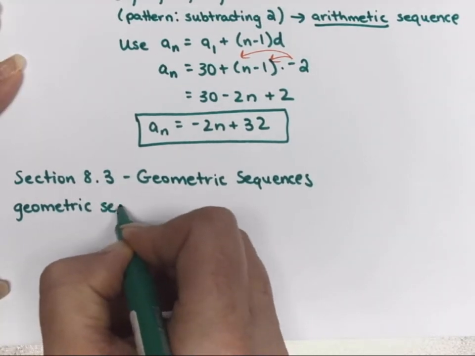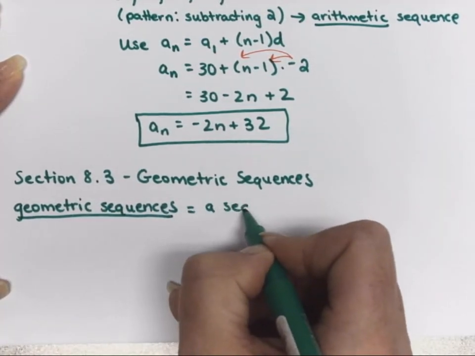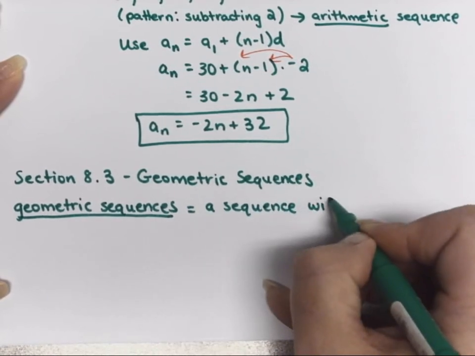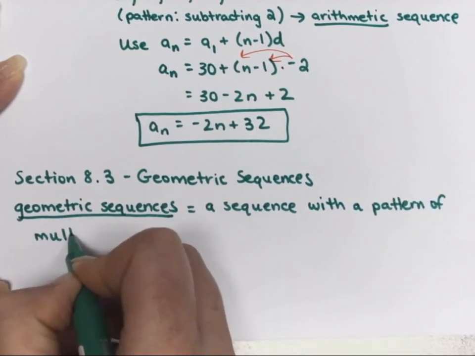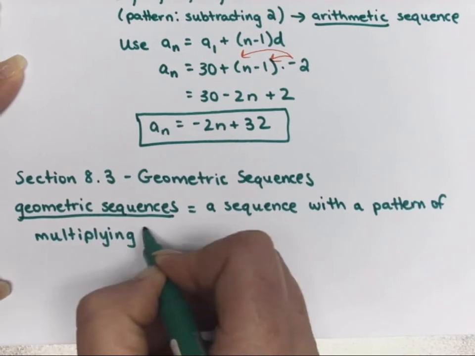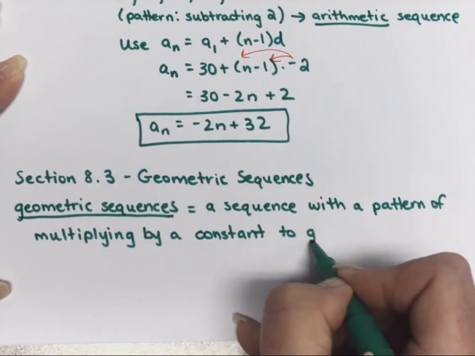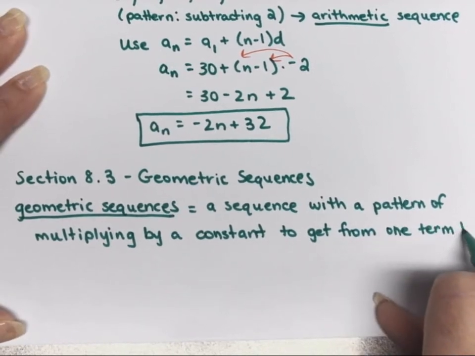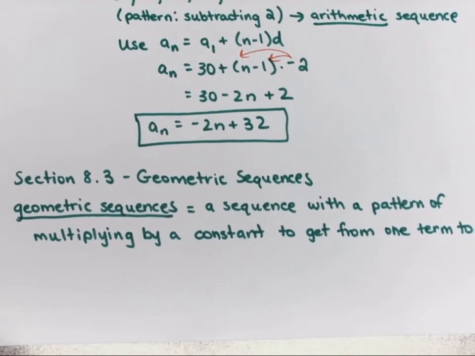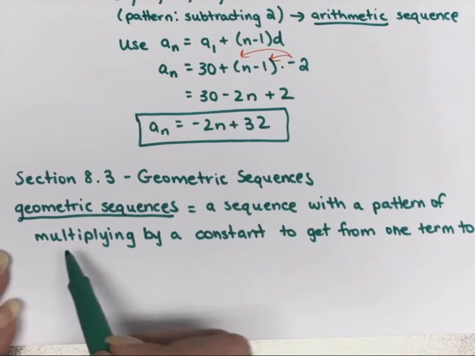Well, geometric sequences are where we multiply to get from one term to the next. So here, notice we're multiplying by a constant.